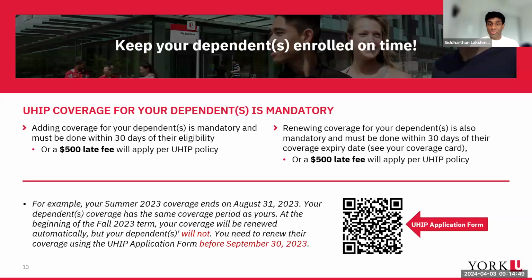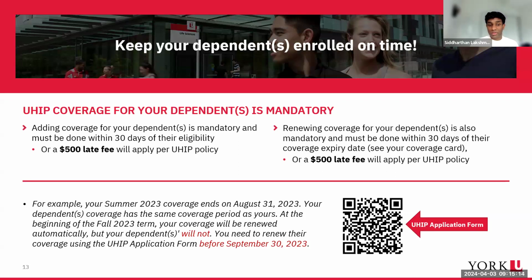Looking more deeply into the information on this slide, keep your dependents enrolled on time. The UHIP coverage is mandatory for all your dependents that are coming with you to Canada. It is essential and it is mandatory. The process of their enrollment is quite simple, as I just explained. You just need to fill out the UHIP application form. There are key deadlines associated with the enrollment of your dependent.